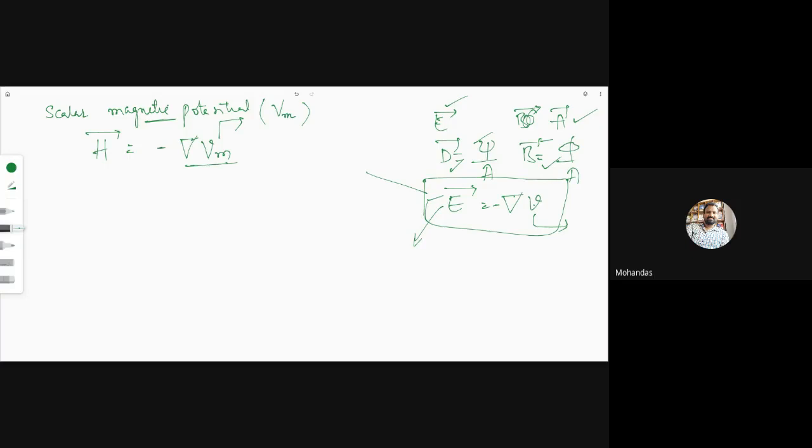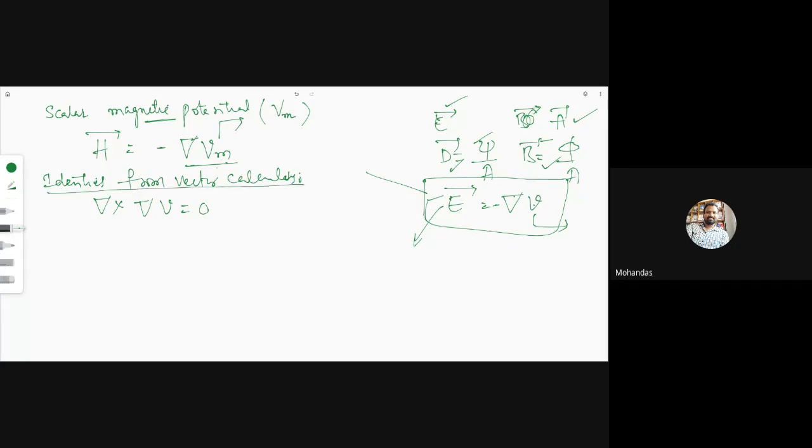But there is one condition. From vector calculus, we have some identities. What is that identity here? That identity is nothing but del cross del V is equal to 0. These are identities from vector calculus. Did you study them in vector calculus?